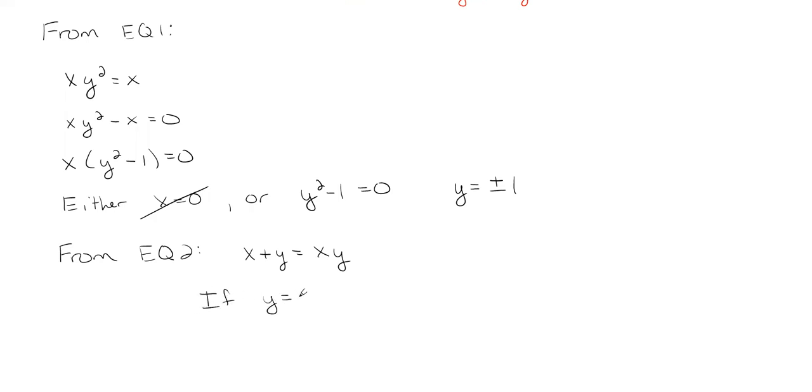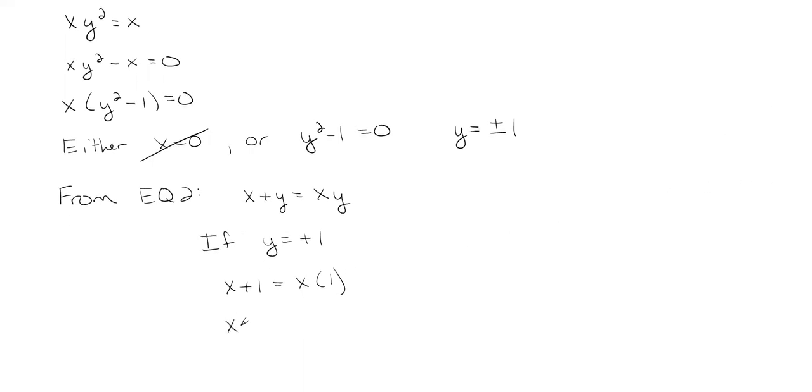If y is equal to positive 1, then we're going to have x plus 1 is equal to x times 1. Well, can that really happen? This is basically saying x plus 1 is equal to x. Anything that adds 1 to it is not going to be equal to itself. So y equals plus 1 is not a valid answer here either.